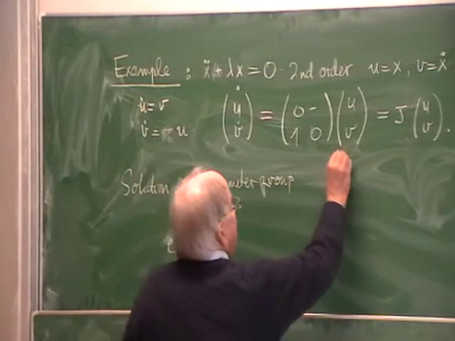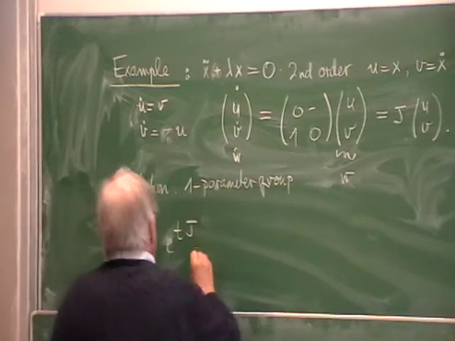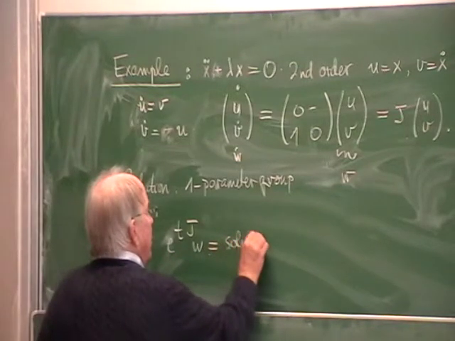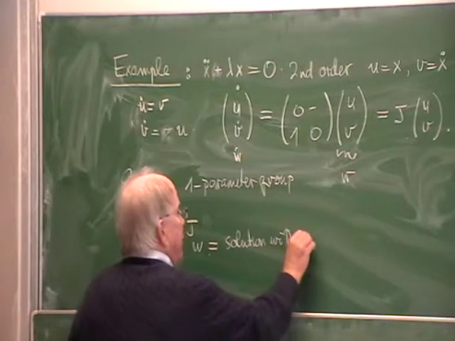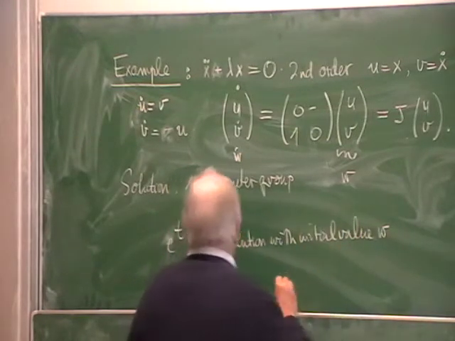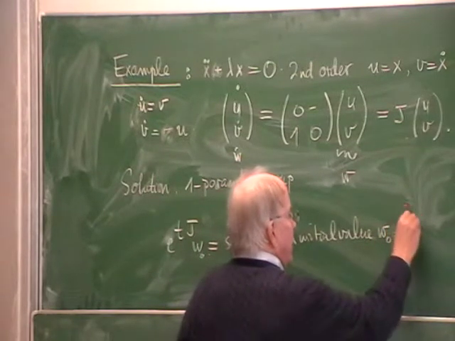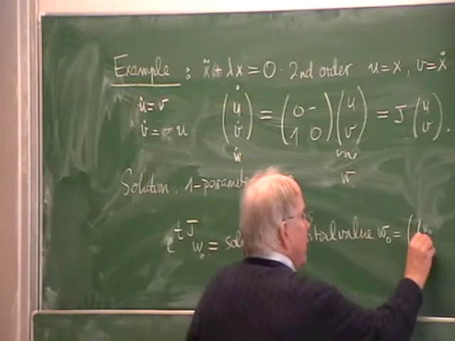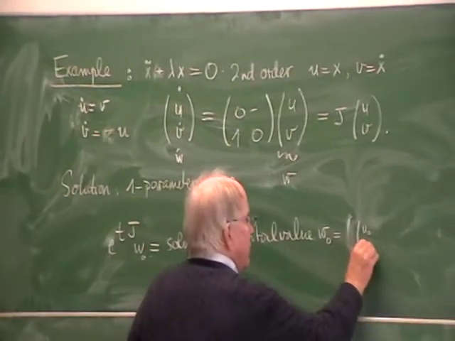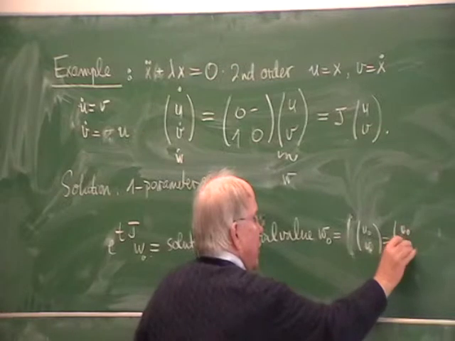So that means, if we call this thing a vector W, and so this is a vector W point, so this is the solution, and this orbit is the solution with initial value W0, which is the initial value of the pair U0, V0, which means the point and the derivative.